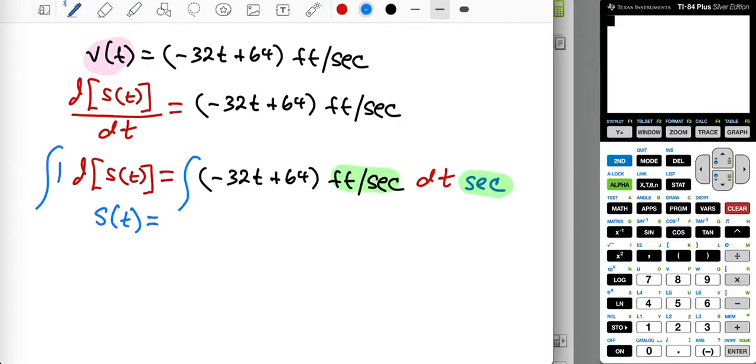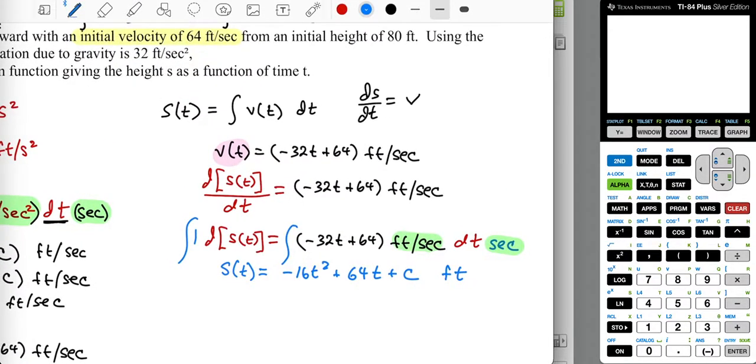Antiderivative of negative 32t is going to be negative 16t squared plus 64t plus c feet. Now they told us that the initial height is 80. So s of 0, plugging in a 0 everywhere I see a t, is going to give us an 80 for the c value.